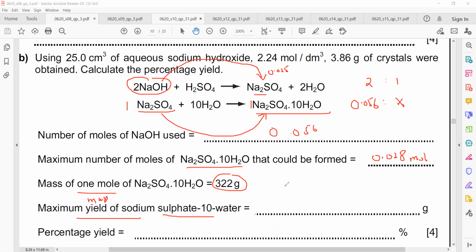To get the mass in grams, you have the formula: moles equal mass in grams divided by molar mass. Moles were 0.028. Mass in grams you don't know.